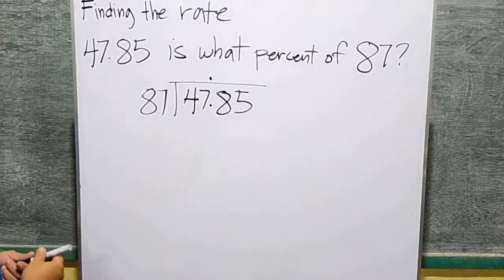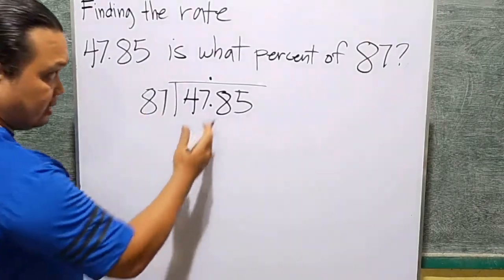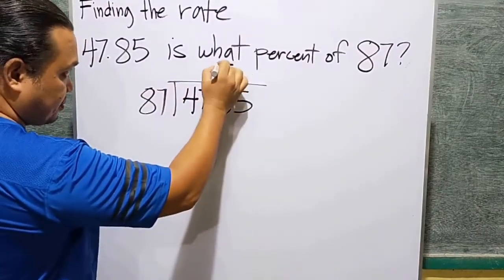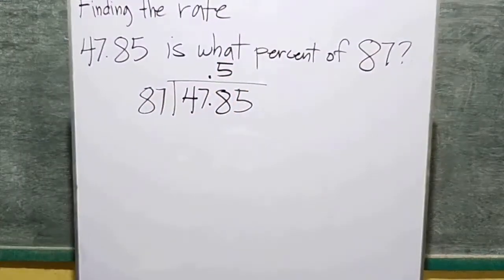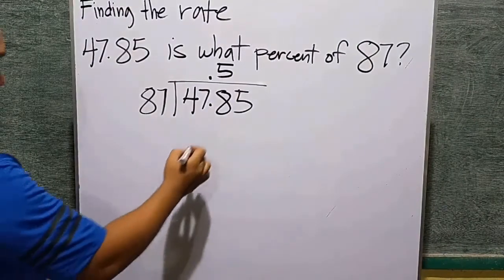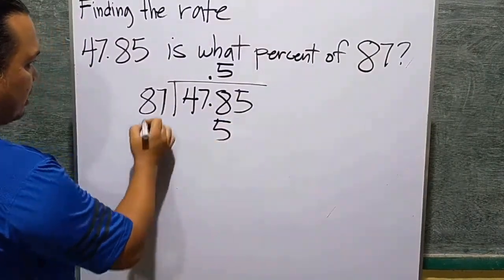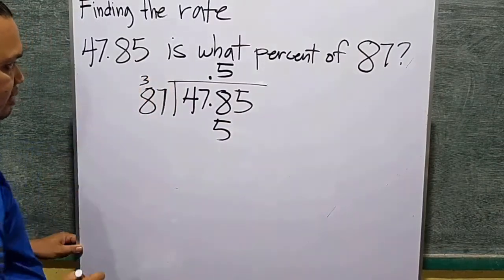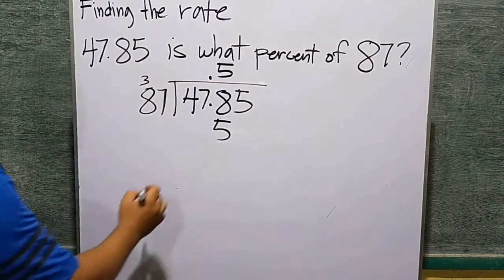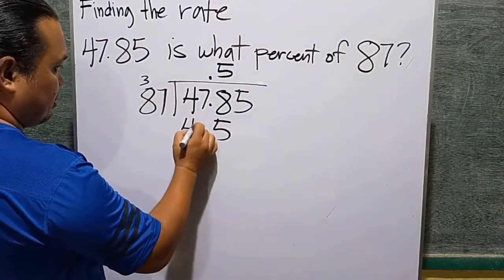Our answer will be aligned on top of 8. Let's try 5. Now 5 times 7 is 35. We have 5 here and carry 3. Now 5 times 8 is 40, plus 3, we have 43.